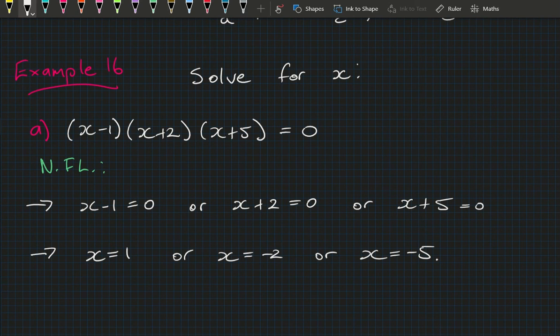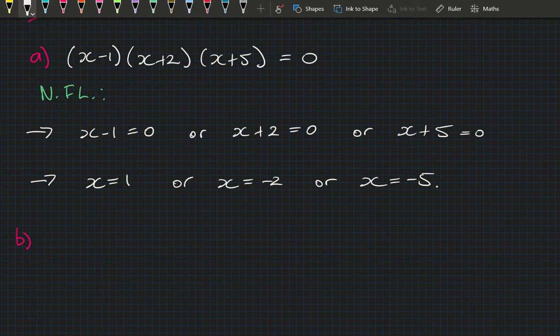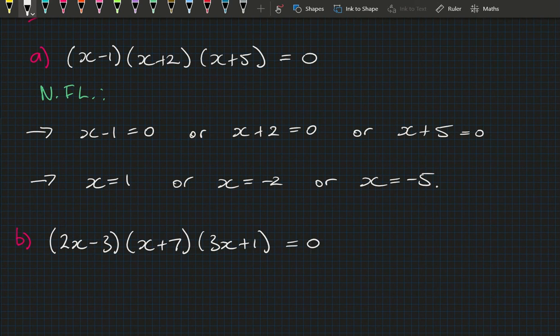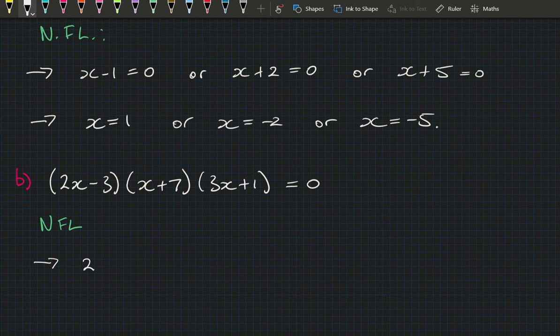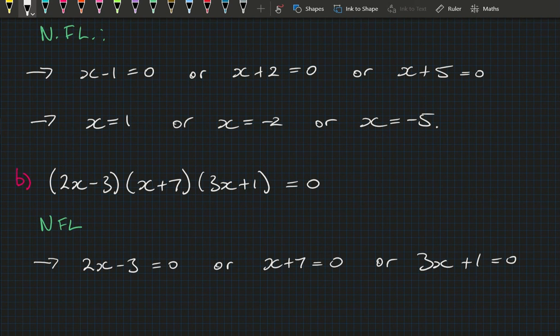Let's go on to part B, where the polynomial is (2x minus 3) times (x plus 7) times (3x plus 1). And of course we want to know where that equals 0. The null factor law will state that 2x minus 3 is equal to 0, or x plus 7 is equal to 0, or 3x plus 1 is equal to 0. These aren't as straightforward because we've got some multiples of x in a few of these.